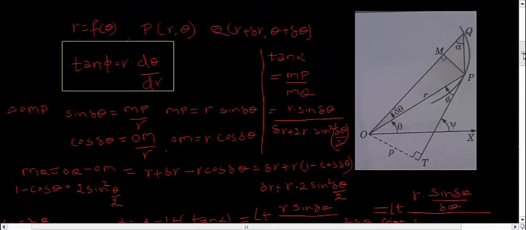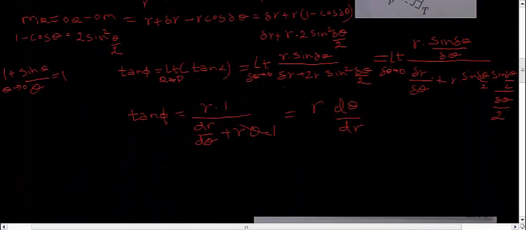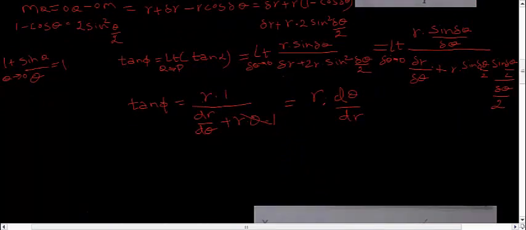If you have a curve r equal to f of theta and the angle between the radius vector and the tangent is phi, then tan phi is equal to r into d theta by dr. Now suppose you have two curves C1 and C2, and if you draw a tangent T1 to C1 and T2 to C2, what is the angle between these two tangents?